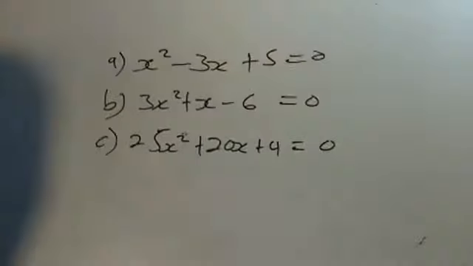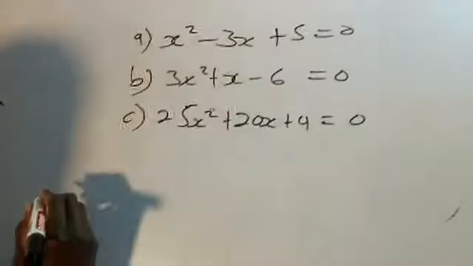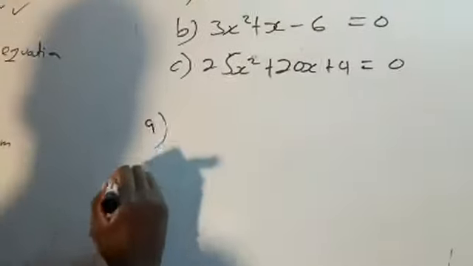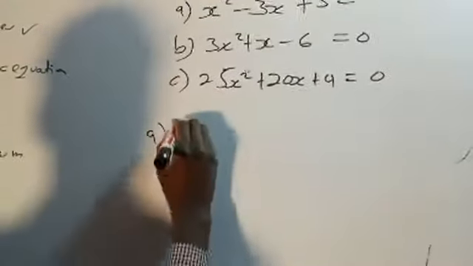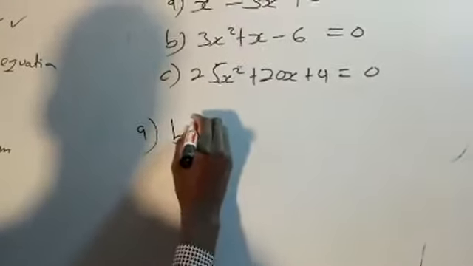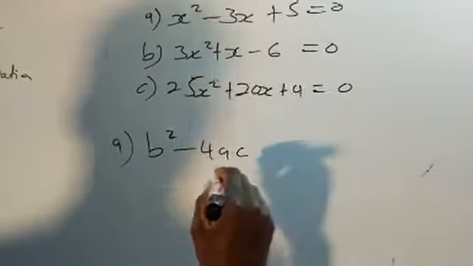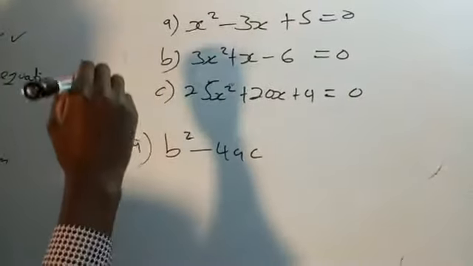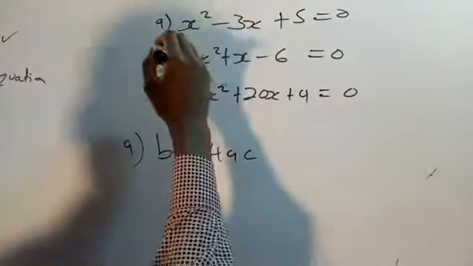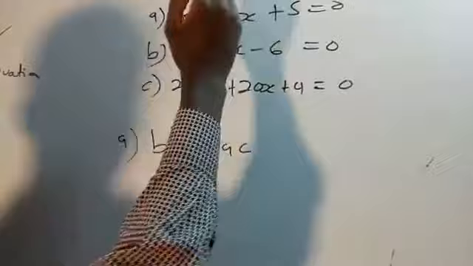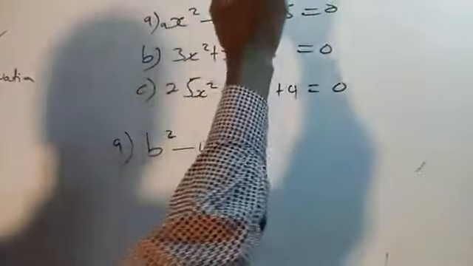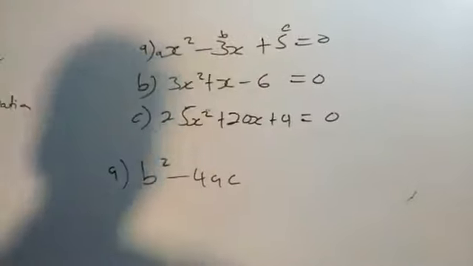Let's start with the first one, which is a, by applying b squared minus 4ac. We shall name this one as a, this one as b, and this one as c.